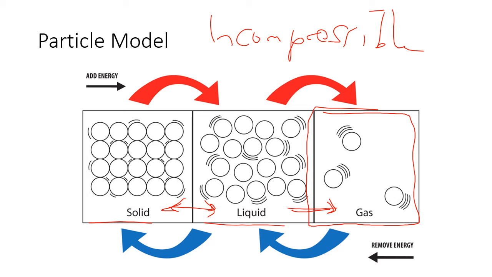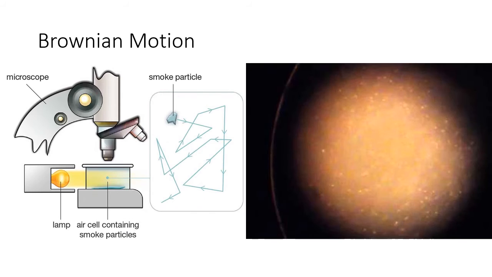Which means that in a liquid, there are no spaces. It doesn't matter what this picture shows. There are no spaces between the atoms in a liquid, and therefore a liquid cannot be compressed. Gas, there's huge spaces, and so a gas can be compressed.